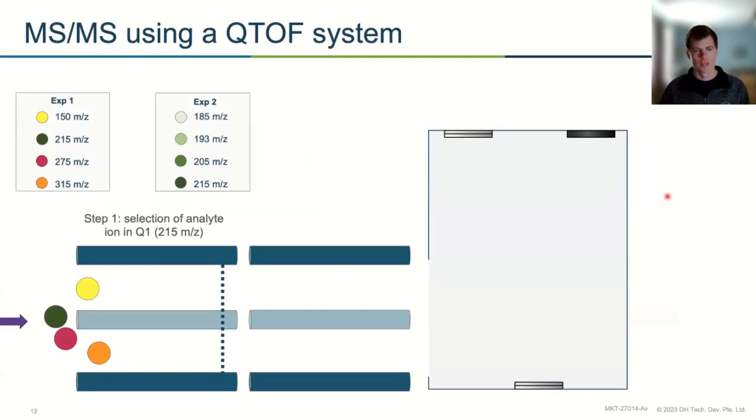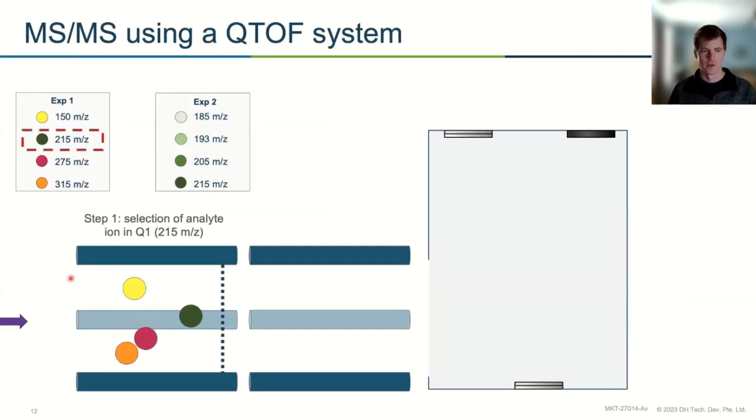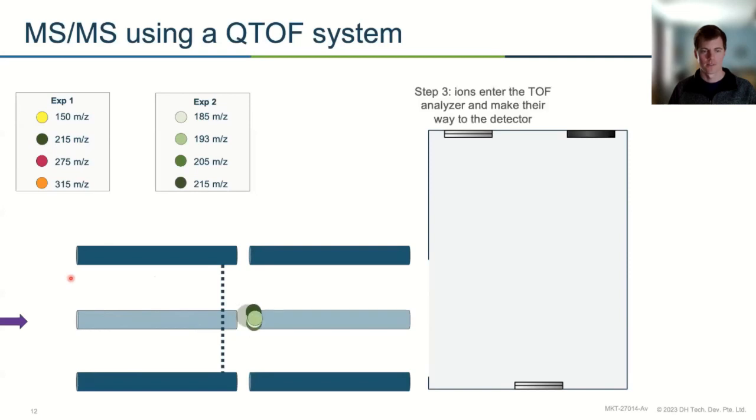Okay. Oh, and then I have another little animation. So this is what it looks like in a less fishy setup and a little more QTOF mass spec setup. So we have Q1 selecting our 215. So one of these ions, that'd be the green ion, lucky green ion, goes through and then gets busted up into our fragments.